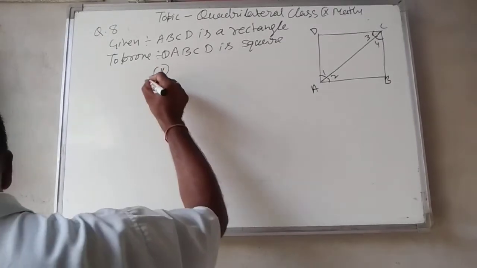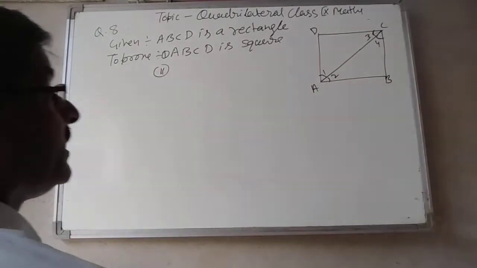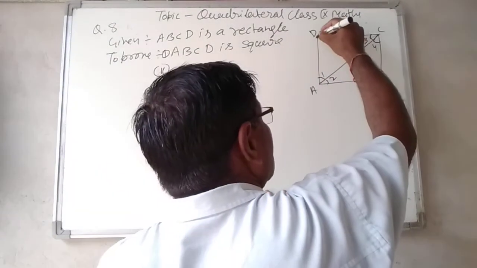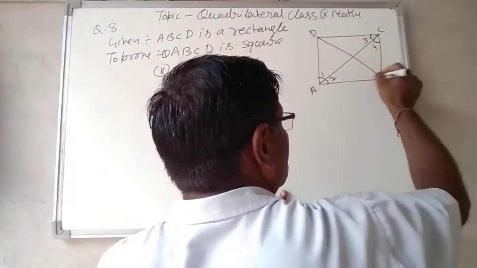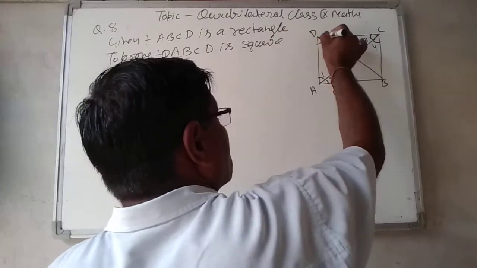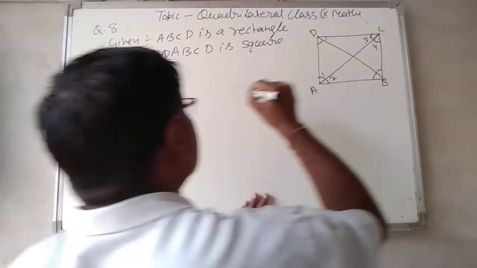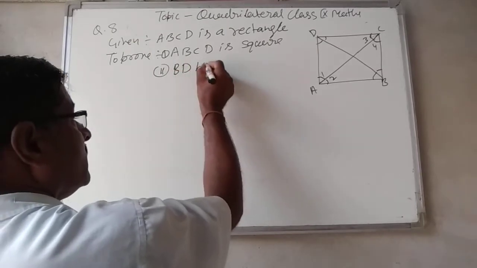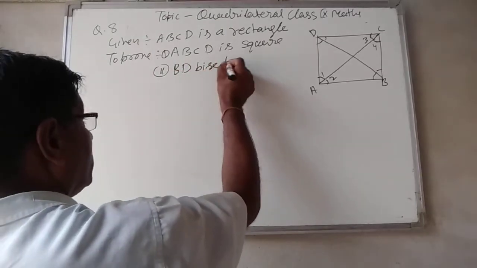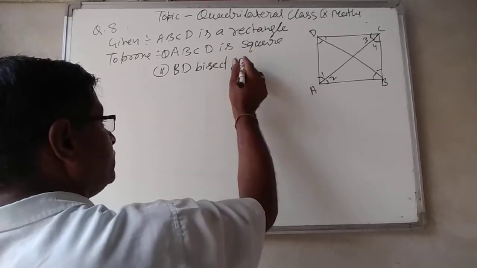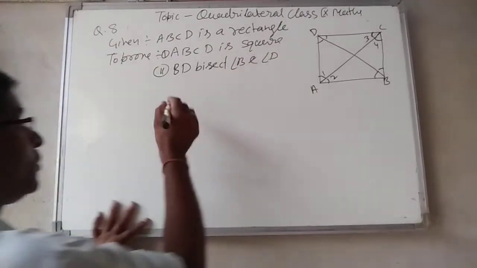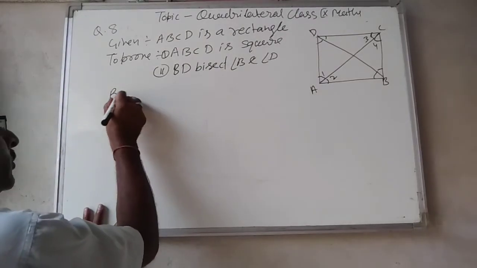And second, BD bisects angle B and angle D. No construction is there. Proof.